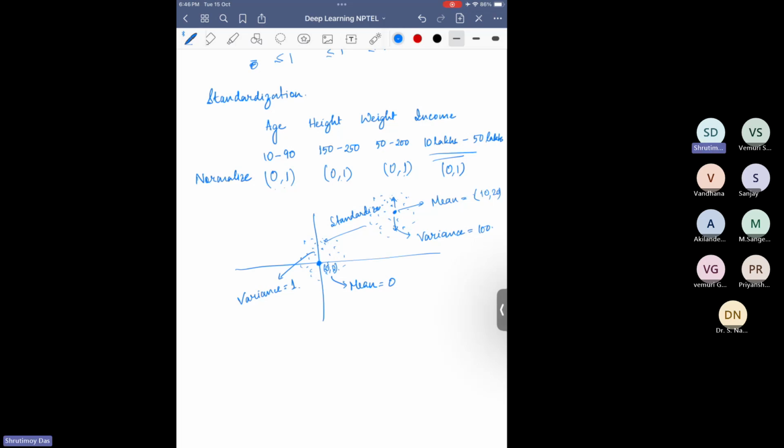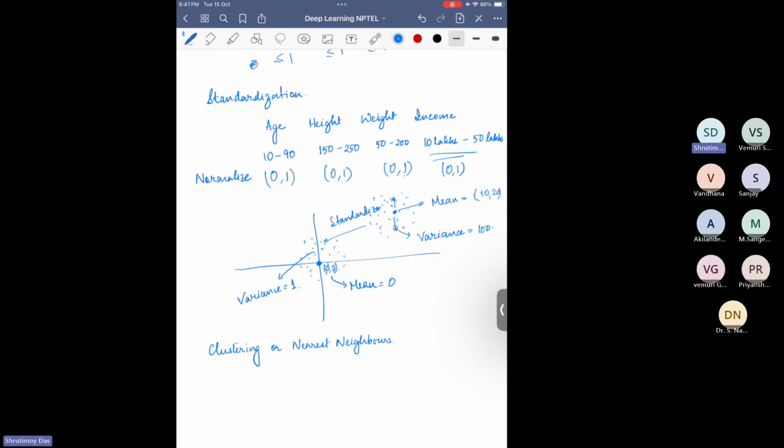For normalization, you may be aware there are some algorithms called clustering or nearest neighbors. Whenever you are doing clustering or nearest neighbors, we don't want some vectors to be arbitrarily large and affect the quality of your clusters or the nearest neighbors.